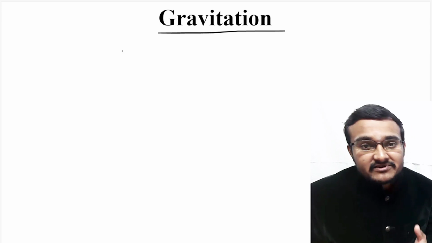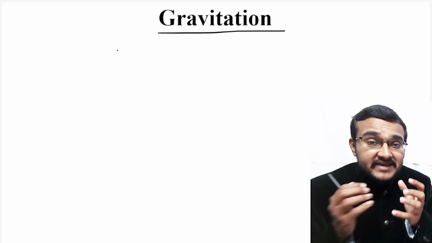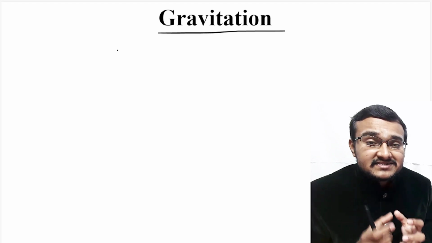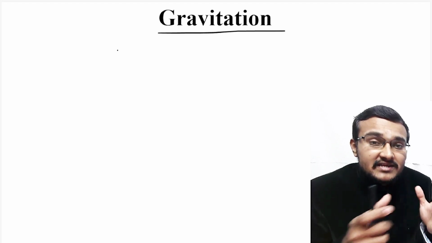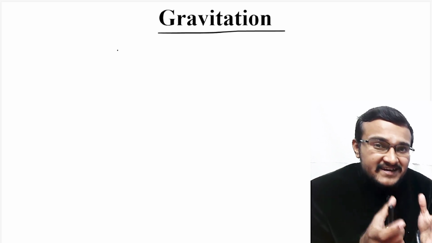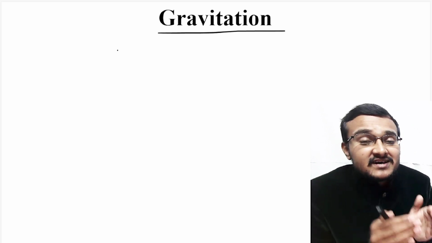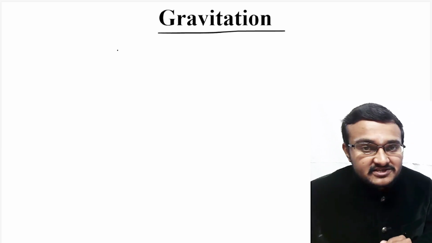So what do you mean by gravitation? Every object in this universe has mass, which means it has a certain tendency to pull other objects towards it. This weak force which a massed object exhibits is known as gravitational force.